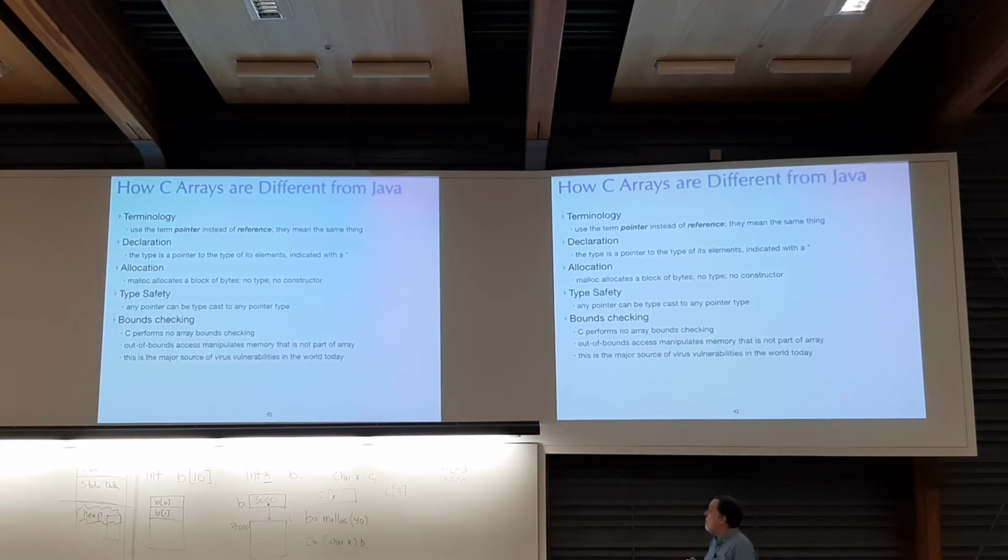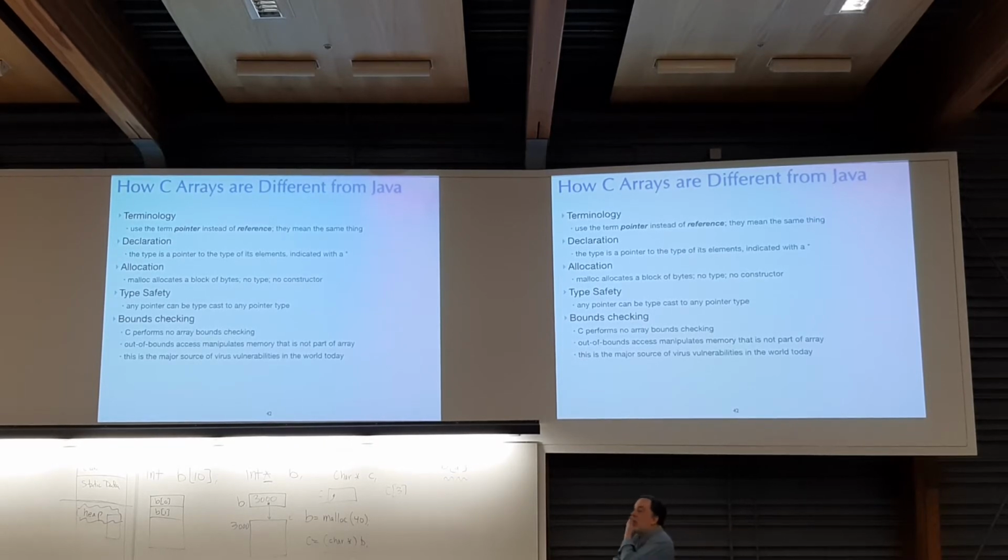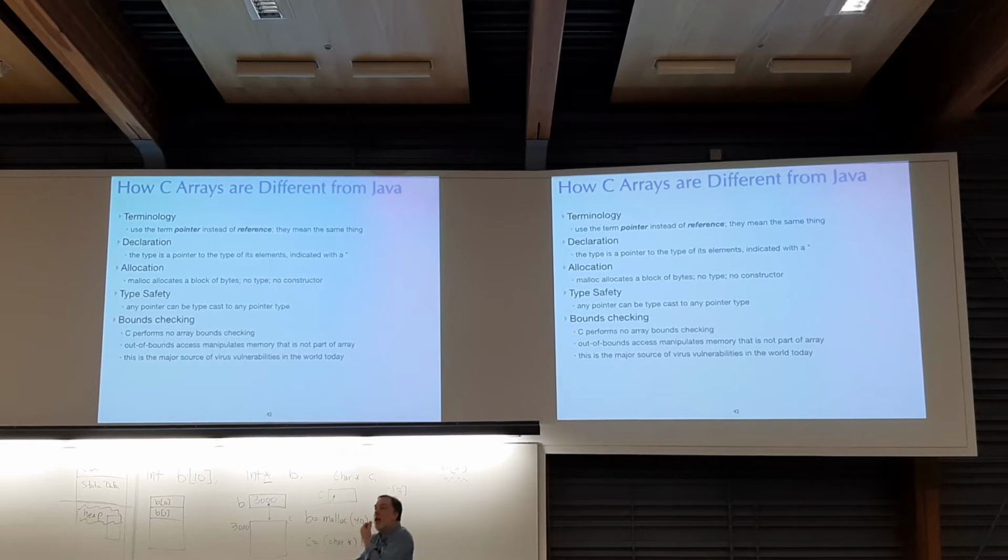The thing I want to spend some time on is bounds checking. So this turns out to be a really important issue for programming. So what does bounds checking mean? It means that if you have a language that checks bounds, a program that attempts to access an array element that is either before the beginning or after the end of the array will be prevented.